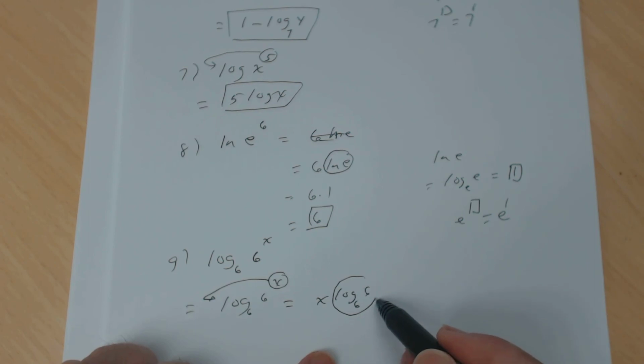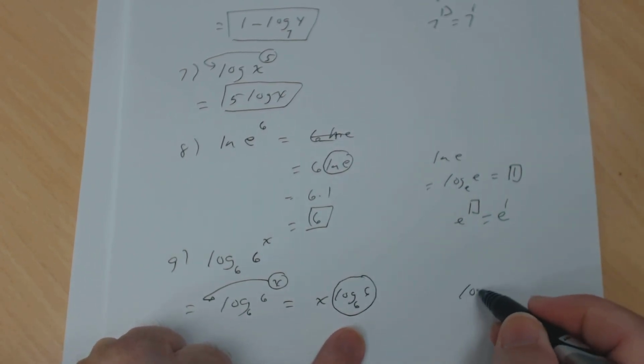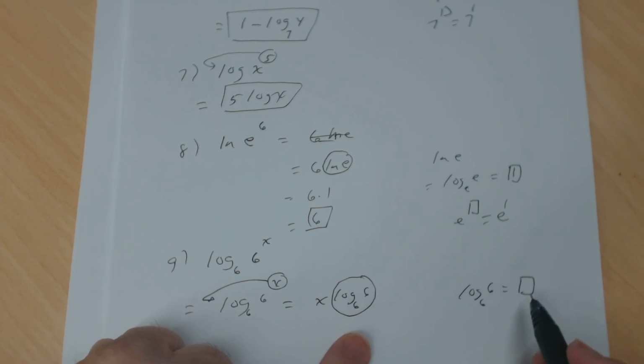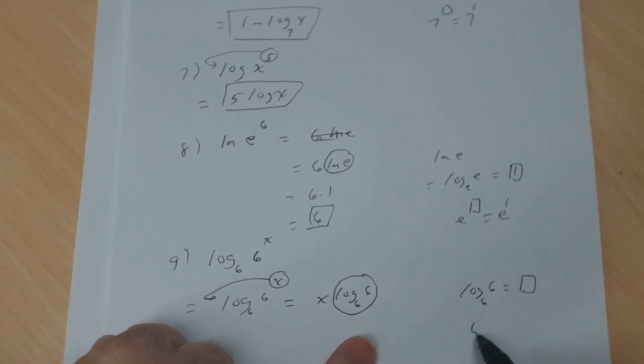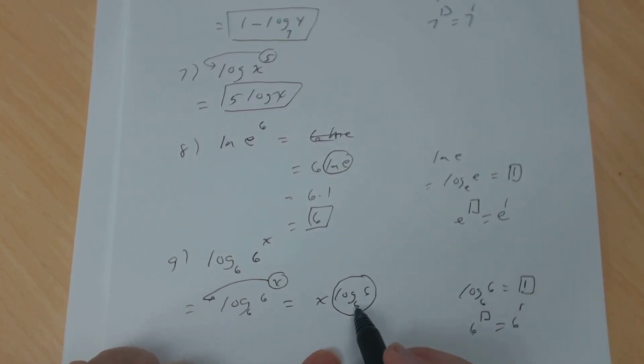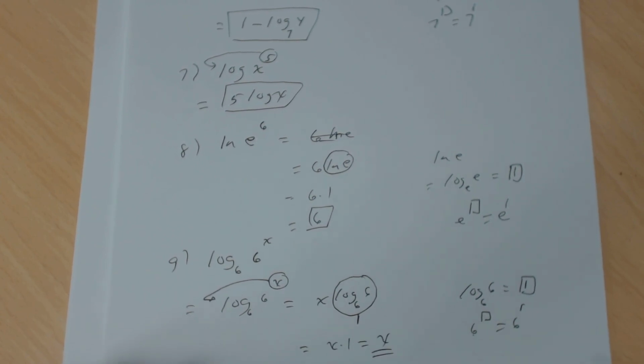You have to remember from the previous lesson that the log of 6 base 6, written as an exponent, is 6 to some power equals 6. When the base is the same, the exponents have to be the same, so this has to be 1. So you get x times 1, which is just x. So the answer is x. Okay, so that's going to take care of this part.